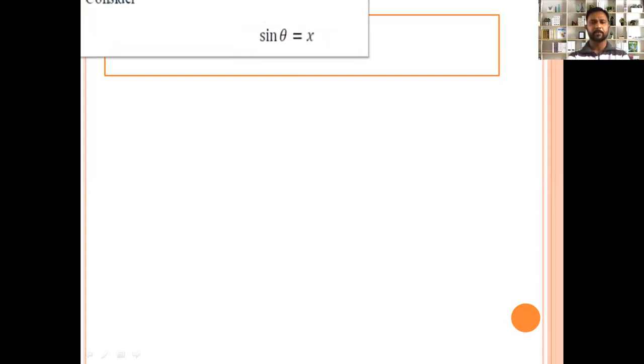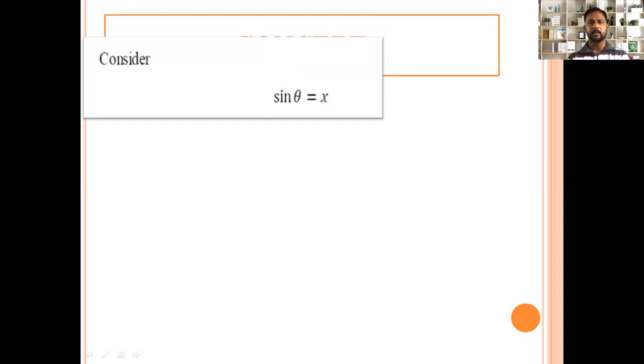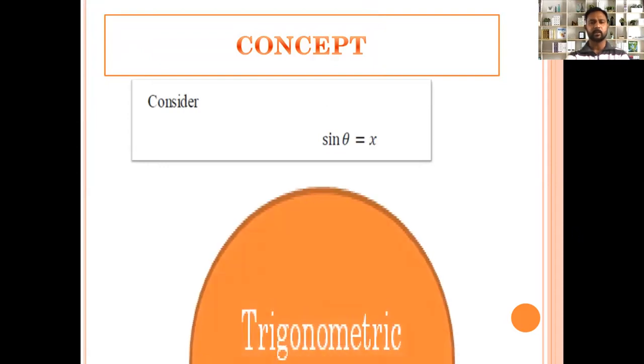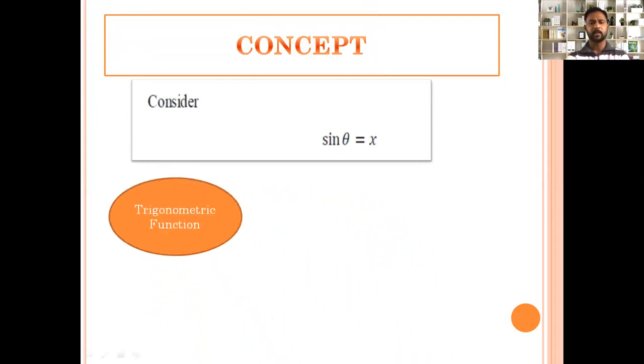Let us see the concept in a very simple way. Let us consider sine theta is equal to x. When we say sine theta equal to x, we can divide it into three parts. The first part is the trigonometric function, which is sine, the trigonometric ratio. The second part is the angle associated with the trigonometric function, that is theta.